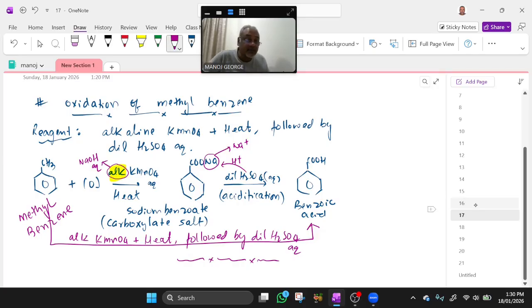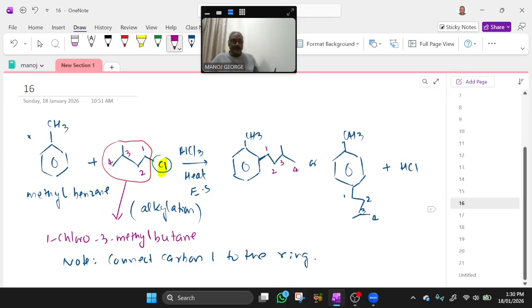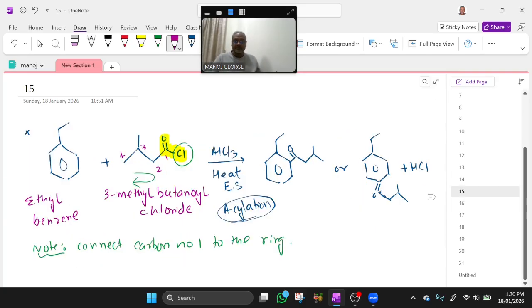Page 16. I'm sorry, I just saw it. And page 15 as well. Okay. Anybody else wants to go back to any previous page?